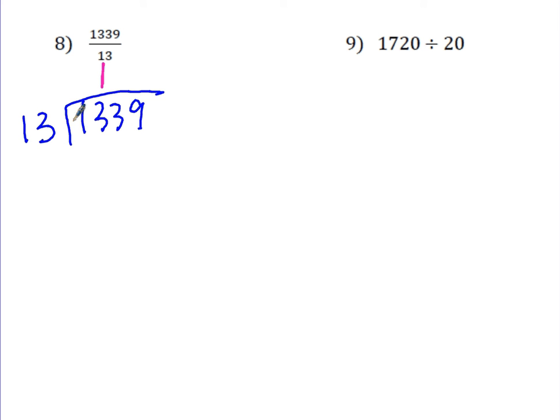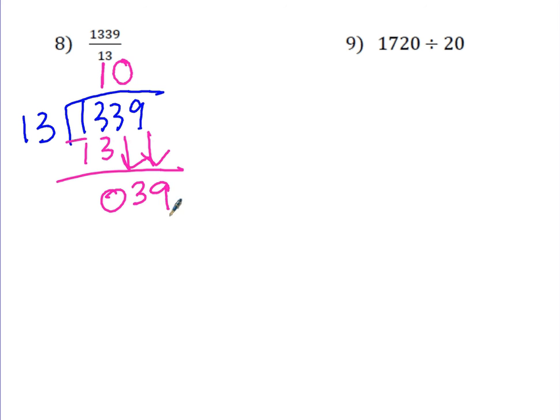Well, that's 1. 13 times 1 is 13. 13 minus 13 is 0. We bring down the 3. And we think about 13 times what would give us 3. Well, that's too small.